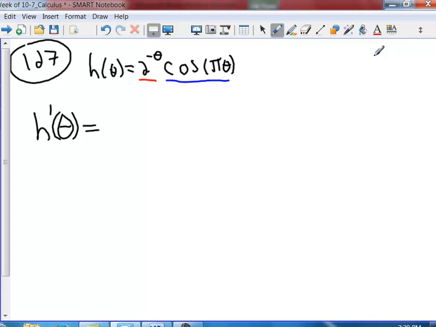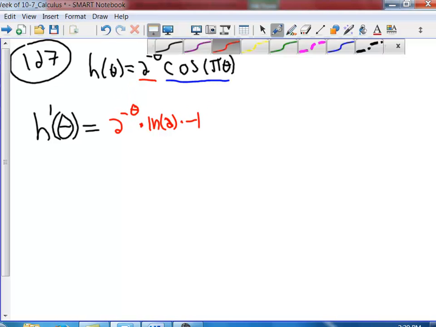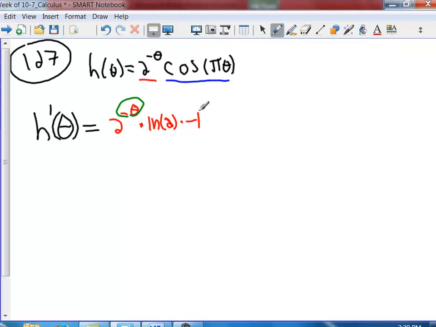We've got this, which is going to be 2 to the negative theta, the derivative of the first, times ln of 2, because that's the rule for that, and in any order, whatever you want, times negative 1, because this derivative up here is negative 1. So chain rule and the extra rule of multiplying by ln of the base. That's derivative of the first.